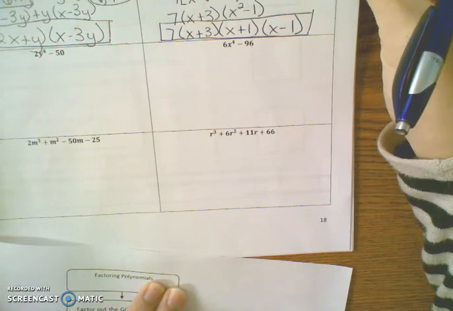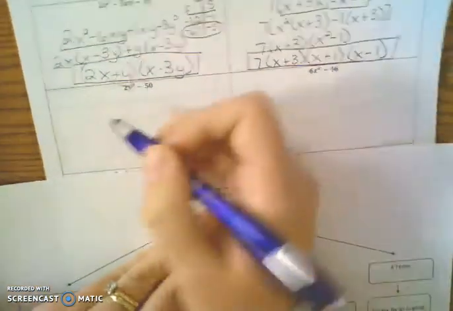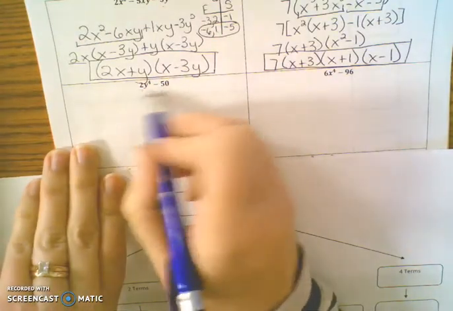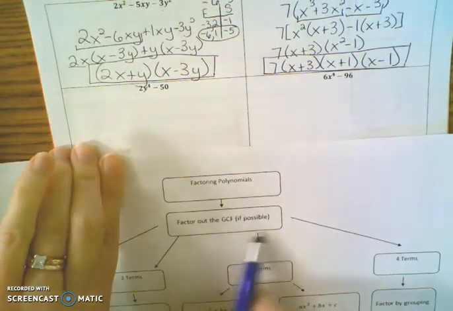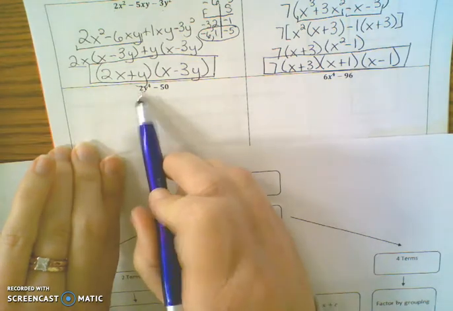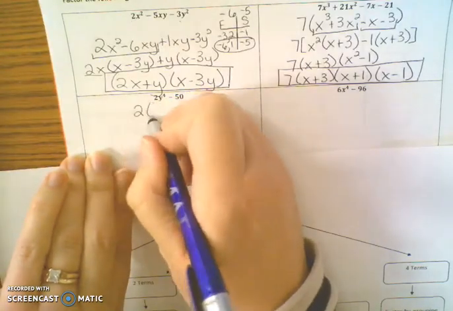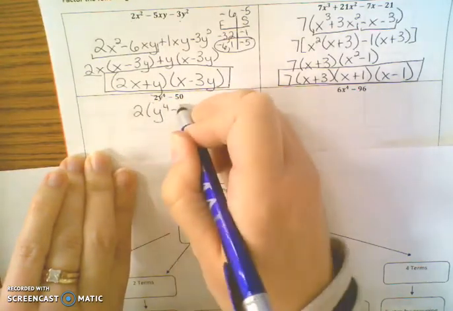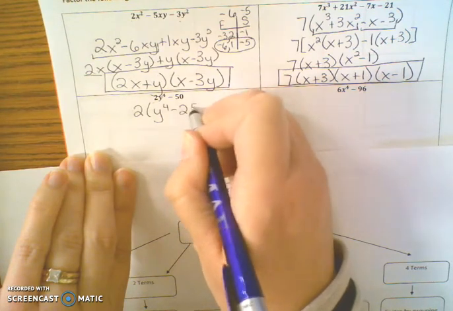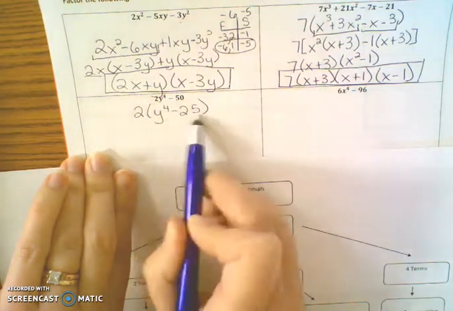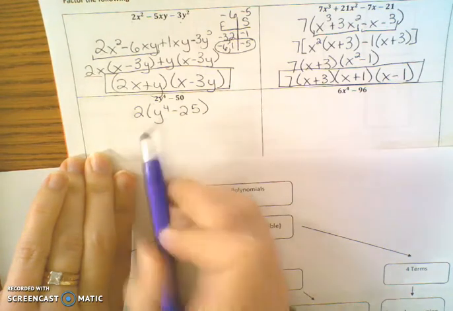Okay, let's do one more here. So this one, we've got checking for GCF, factoring out the GCF first. So 2. And so this is going to be y to the 4th minus 50 divided by 2 is 25. This is a difference of 2 squares.